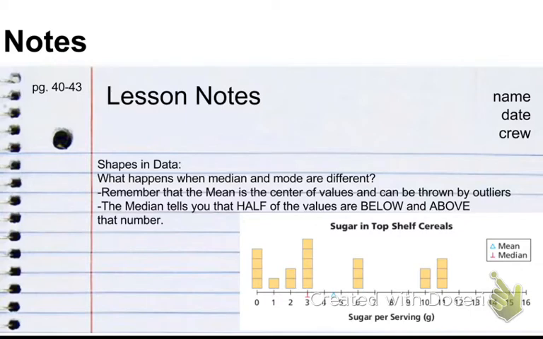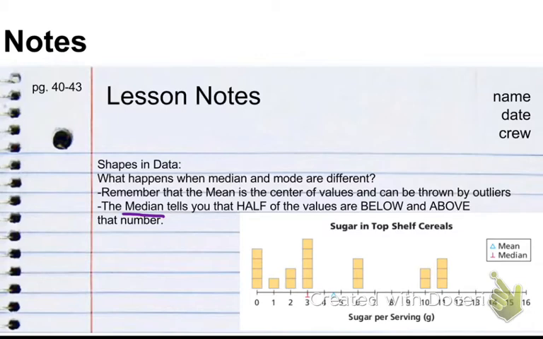And the median, on the other hand, tells us that half of the values are above this, half of the values are below this. That this is the center of our data if we arranged it in order.